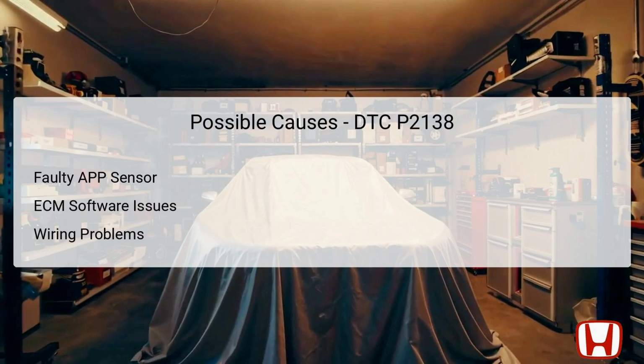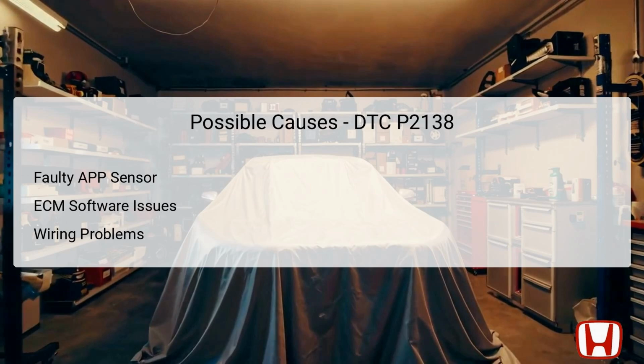In troubleshooting DTC P2138, it is essential to explore several possible causes. A faulty APP sensor is a primary suspect, as it may not provide consistent voltage readings, leading to inaccuracies in pedal position detection. Another possible cause is an issue with the ECM software. If the ECM is running outdated software, it may misinterpret the readings from the sensors.